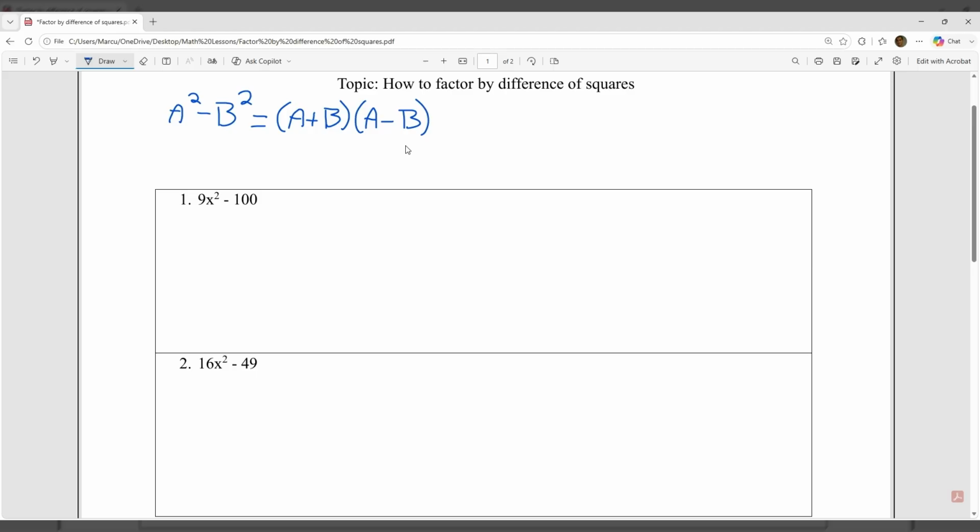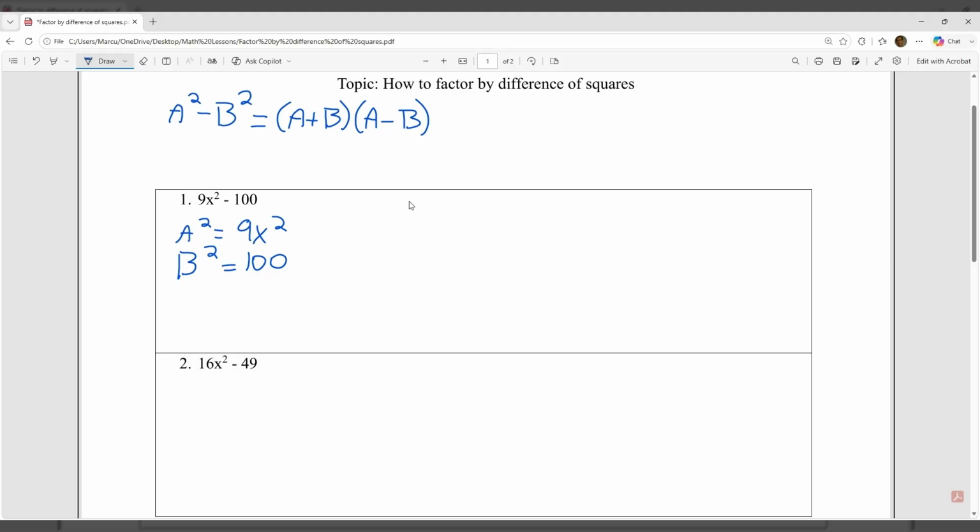So once you have that, notice that your a squared in this case is 9x squared, and your b squared is 100. In order to get a and b, all you have to do is take the square root of each term.